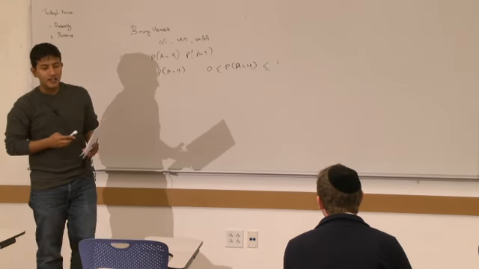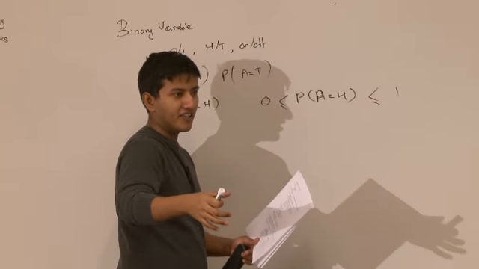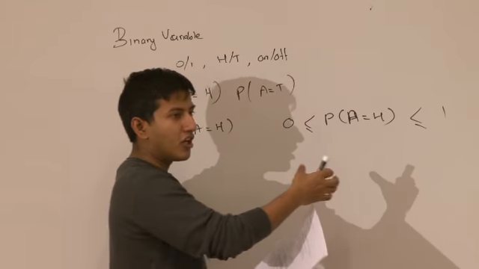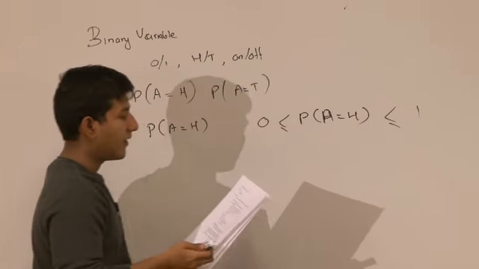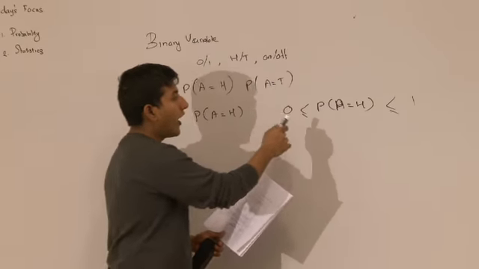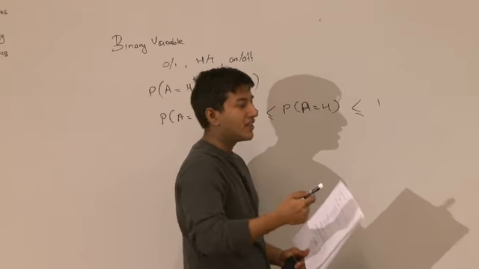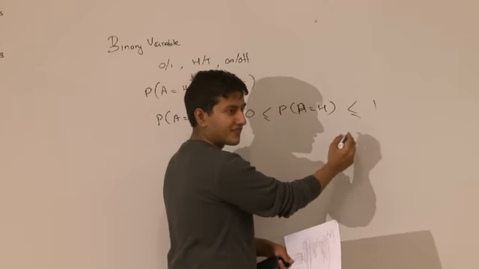We'll look at that later. In general, a probability will always lie between 0 and 1, and it can take any value between 0 and 1. So the range it can take is continuous. It's not discrete.